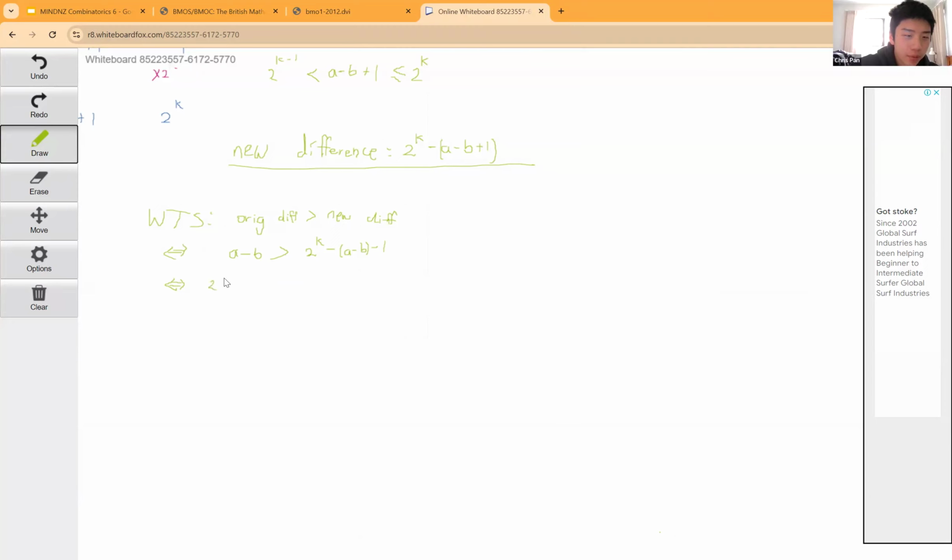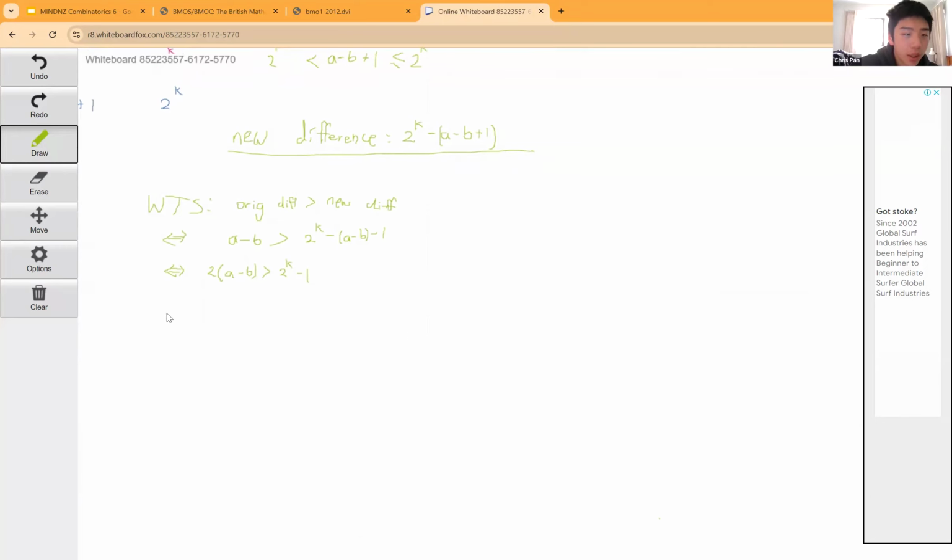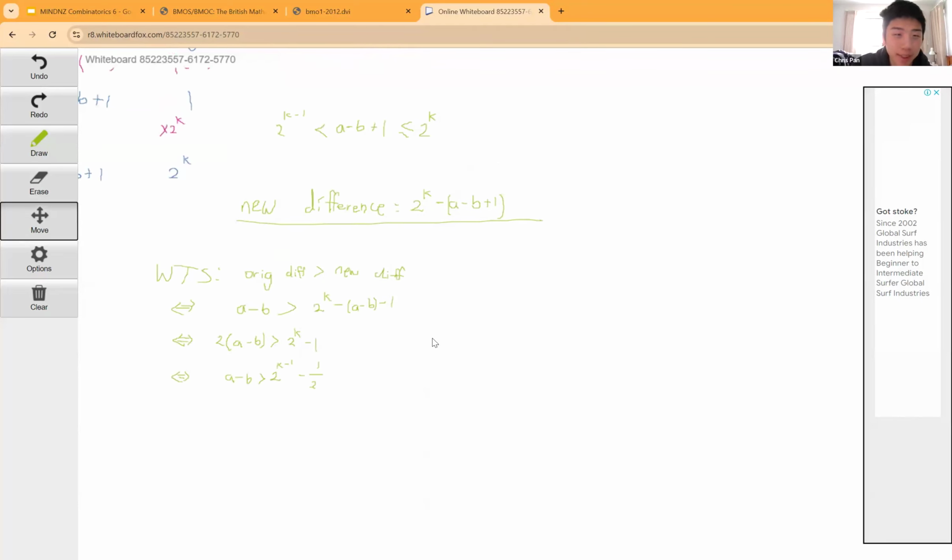So if and only if 2 times a minus b is bigger than 2 to the k minus 1, if and only if a minus b, here we're dividing by 2, right? If and only if a minus b is bigger than 2 to the k minus 1 minus a half, where we just divided the entire thing by 2. So we want a minus b to be bigger than 2 to the k minus 1 minus a half.